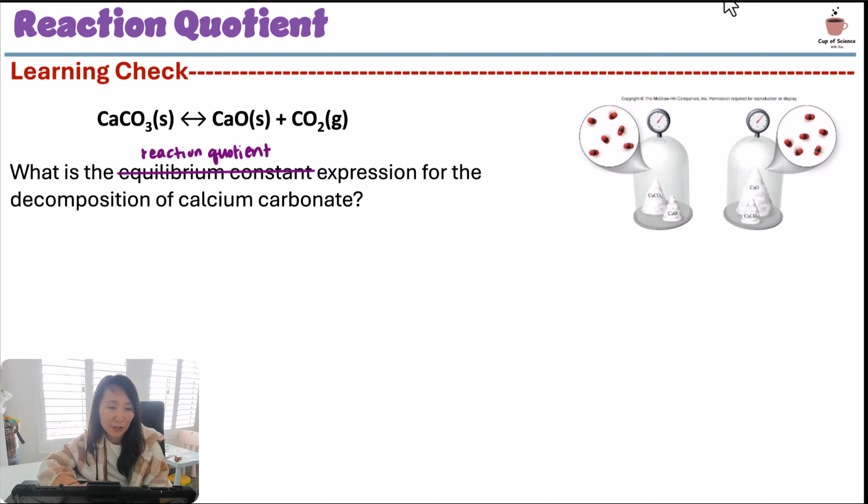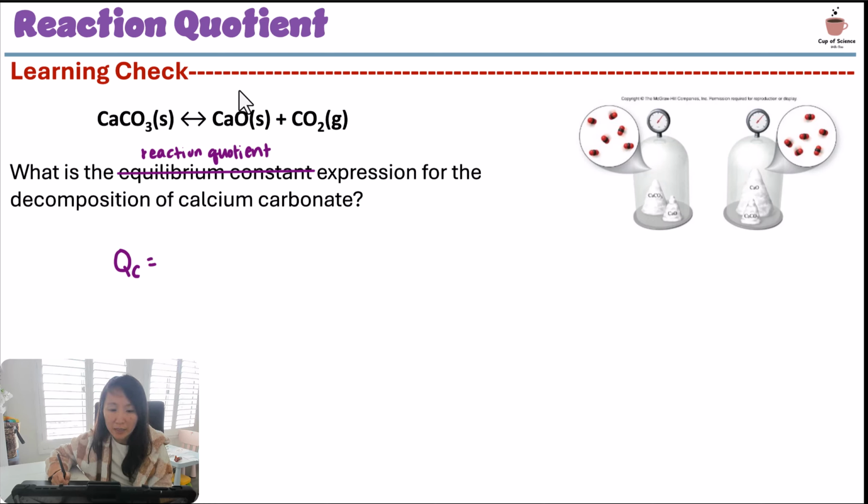So let's do a learning check. It says, what is the reaction quotient expression for the decomposition of calcium carbonate? So here you see this is a heterogeneous reaction, and so therefore you're going to have to distinguish which one is a gas and which is a non-gas substance here. So the reaction quotient, or Qc, is equal to the product.